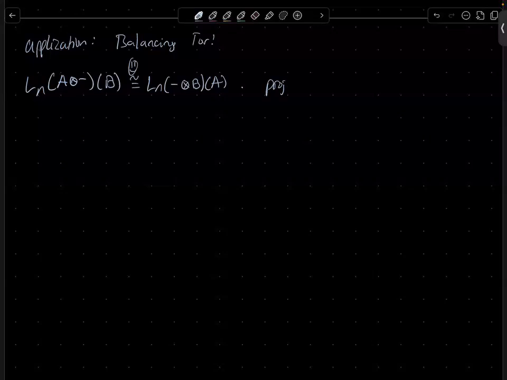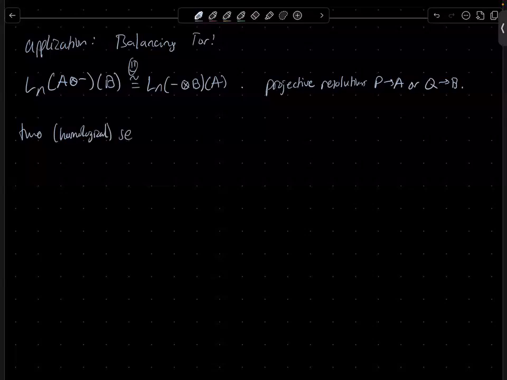You use projective resolutions of either A or B. So we have projective resolutions, P going into A or Q going into B. And so there are two homological spectral sequences converging to the homology of the total complex of P tensor Q.